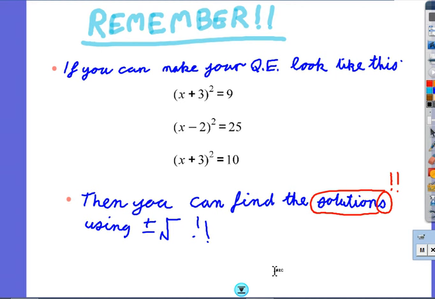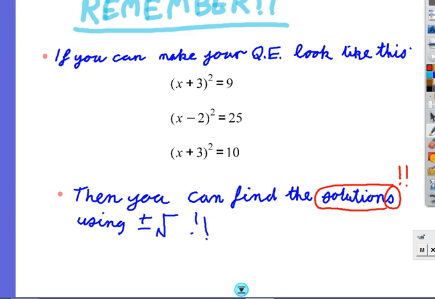Hopefully you remember from the last video, number 3, that if we can make a QE, which stands for quadratic equation, look like this, where we've got x plus a number squared equals a number, or x minus a number squared is a number, then we can find a solution using plus or minus square root. Plus or minus is very important because it gives us two solutions. Remember the parabola.